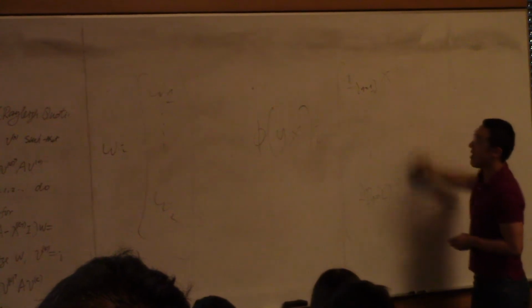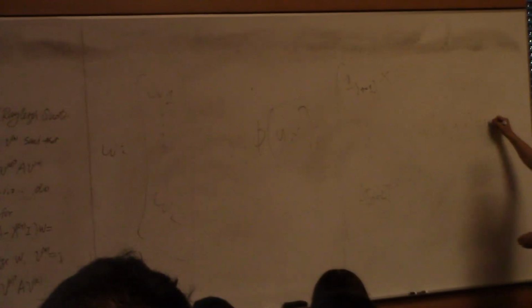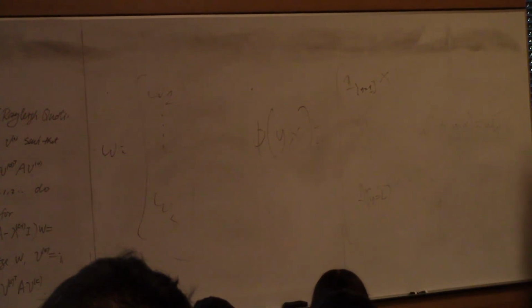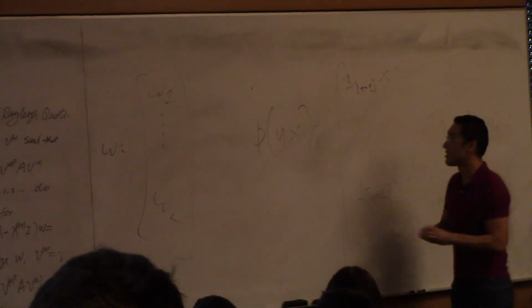Now W transpose phi of y, x is equal to W_y transpose x. So it's the same abstract notation, just a different version of phi.